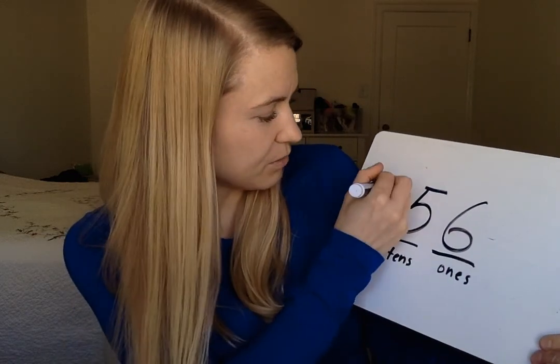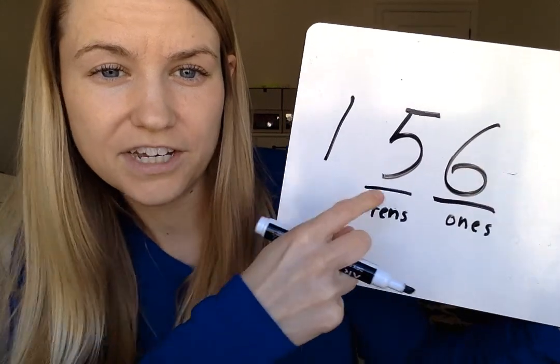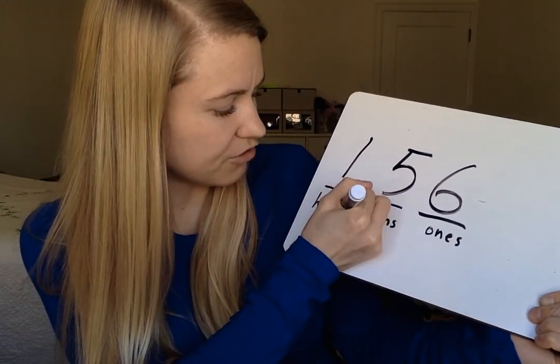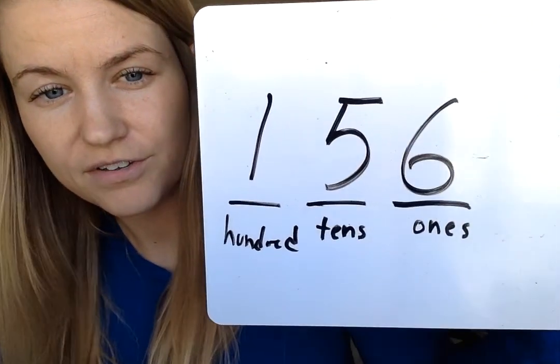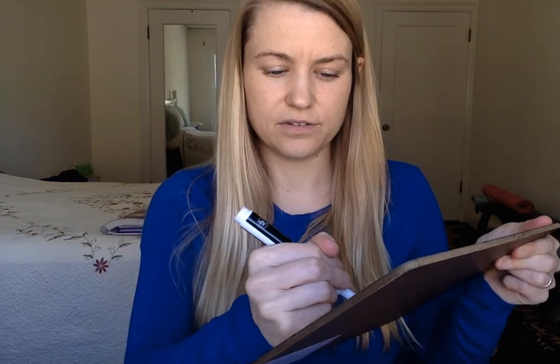And if I added a digit 1 here, that would turn our number into 156, meaning we would have 100, 5 tens, and 6 ones. And if I were to draw that in place value blocks for you, I would draw a 100 block, 5 ten sticks, and 6 ones.